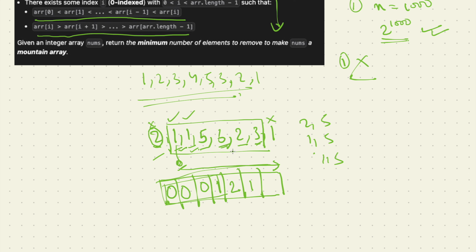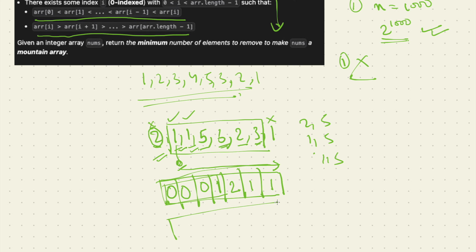For 3, what's the possible candidate? We can either take 2 or any of these ones, or these two. Sorry, it's 1 actually, because the size of the mountain is 1.